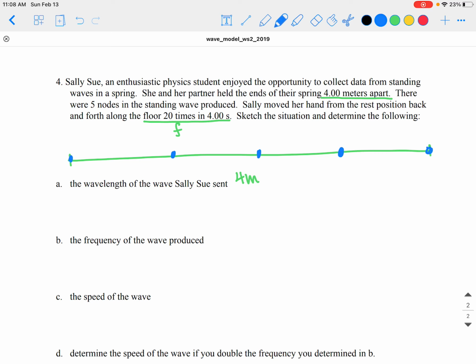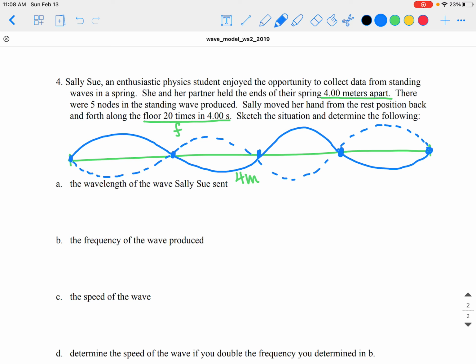And then I'm going to draw my standing wave, which goes up, down, and then the reflected wave in dotted lines. So it's a very rapid movement where it actually looks like the wave is not moving at these high peaks, if she moves her hand fast enough, of course.